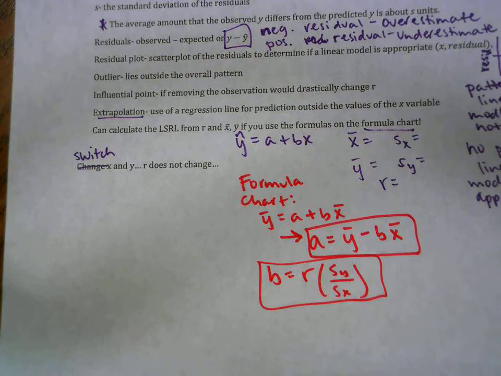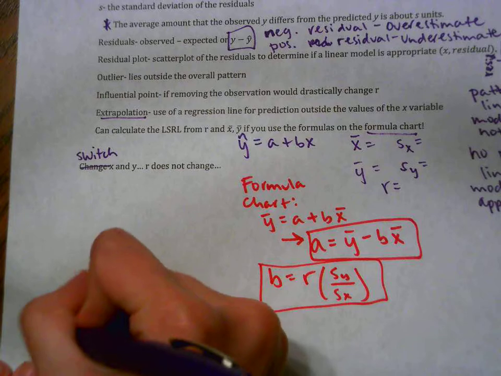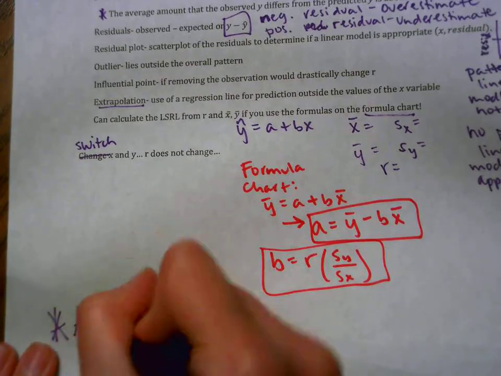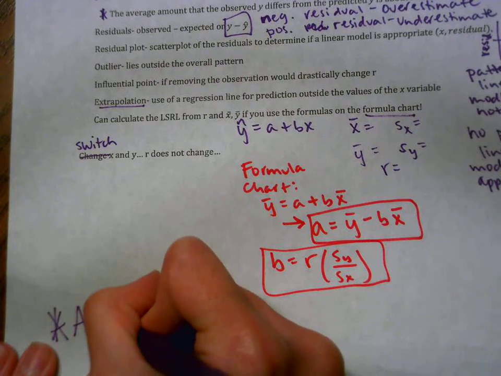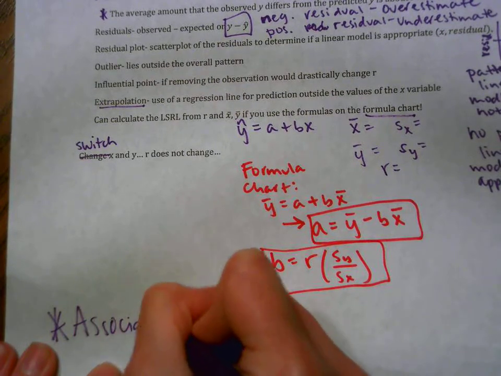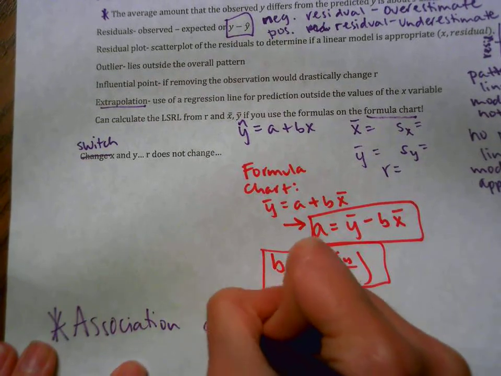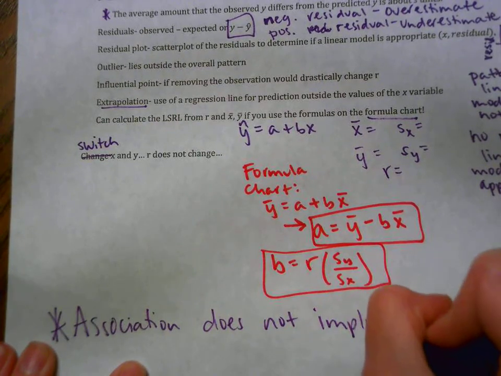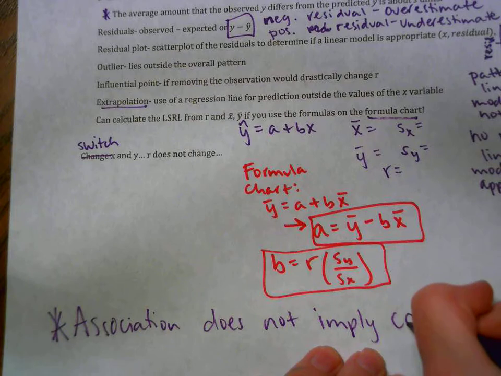And one more fact that's not on here that I want to write down is that we said association does not mean causation. Association does not imply causation.